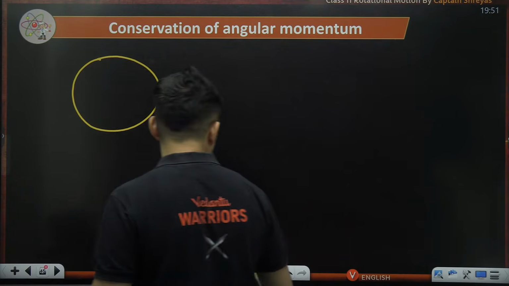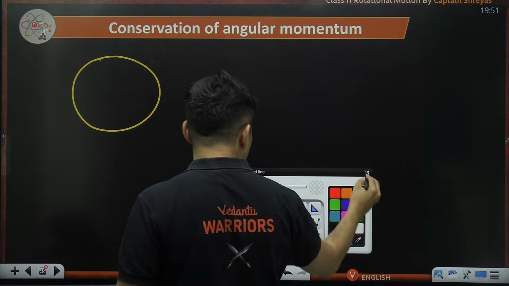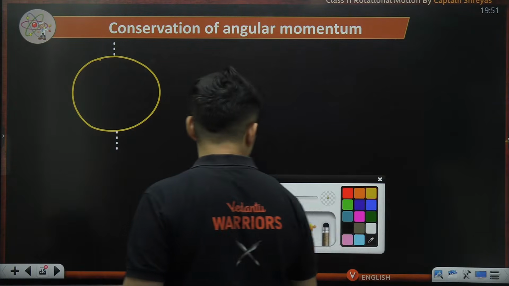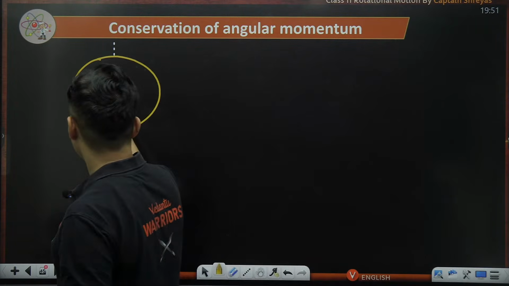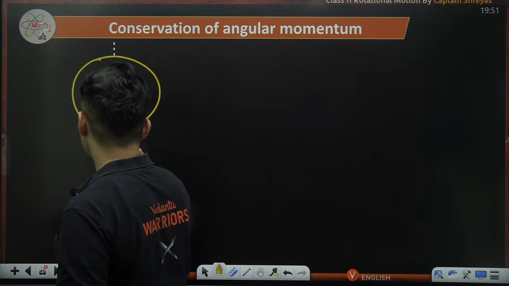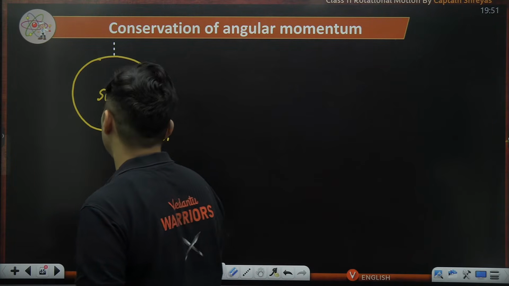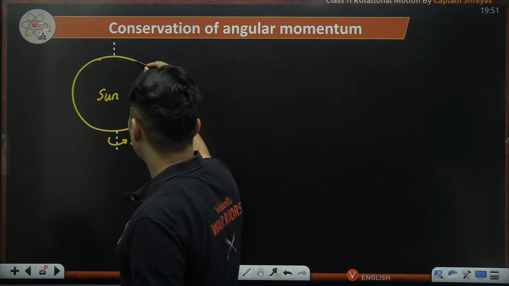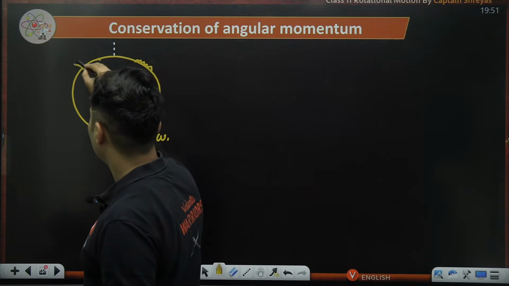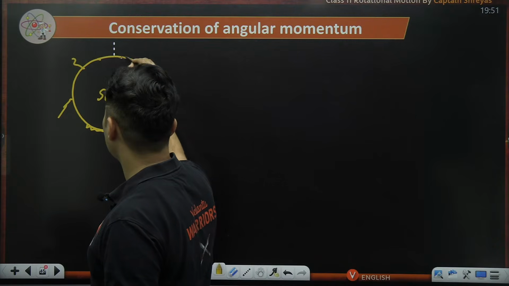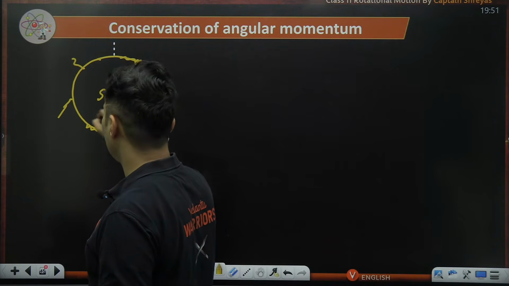And I don't know how many of you know this, but even our sun is spinning, just like our earth is rotating, with some angular velocity right now. And a lot of solar flares are there. So many things will be coming out from the sun, dark spots, so many things are there.